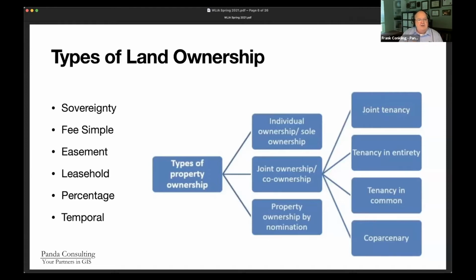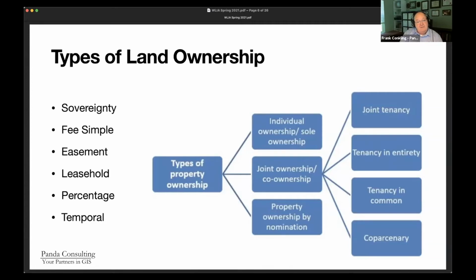But then as you get into this, you also have other more interesting types of land ownership. You have a percentage ownership. I have 50% of this property. This is really tough to start mapping. We can map the overall area, but how do we build something which reflects that we may not have use of these rights for 100% of the time? It might only be a percentage of the time, or it may be temporal.